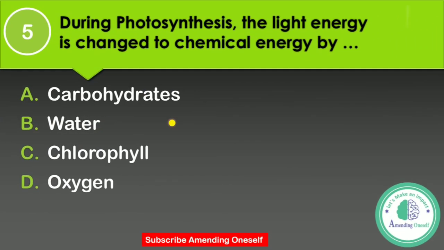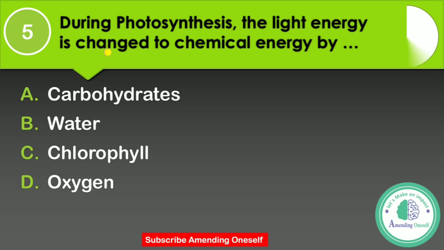Question number 5. During photosynthesis, the light energy is changed to chemical energy by blank. Option A, carbohydrate, option B, water, option C, chlorophyll, or option D, oxygen. I repeat the question.